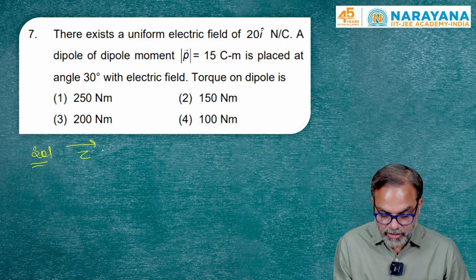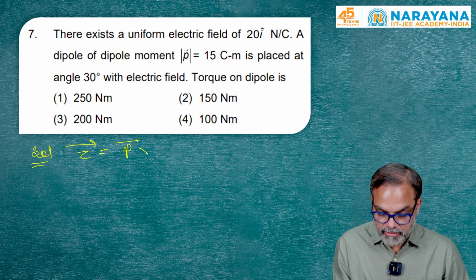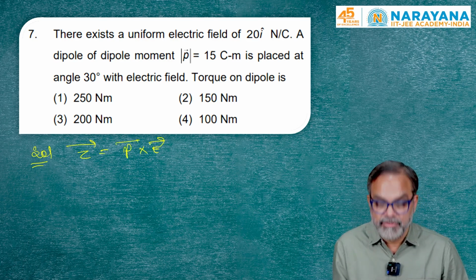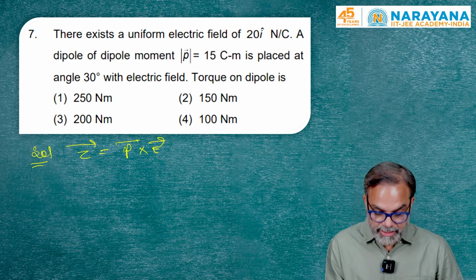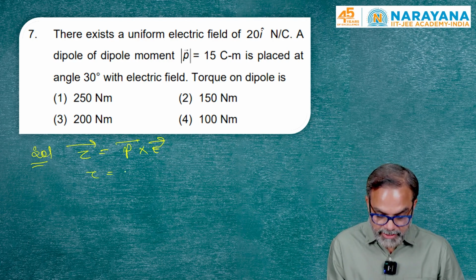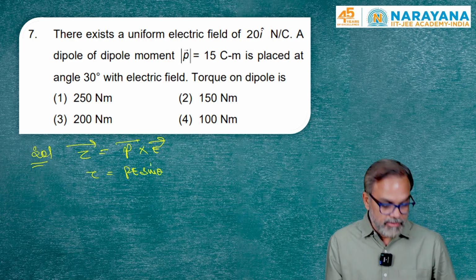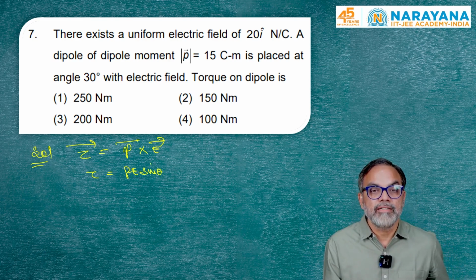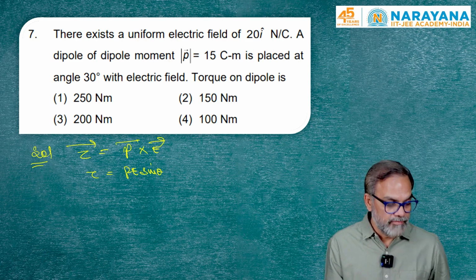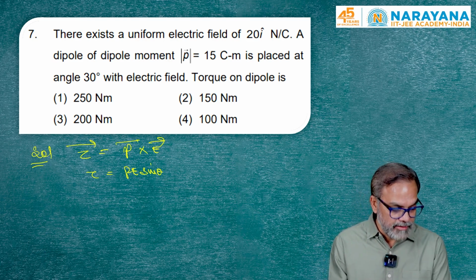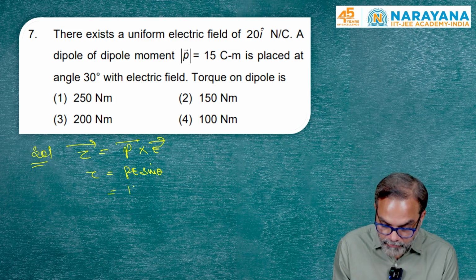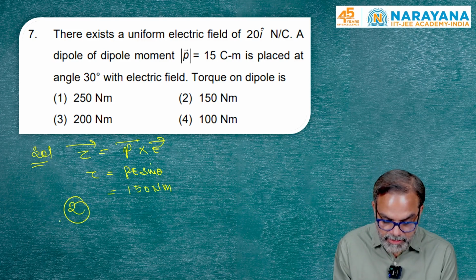We know that the torque exerted by an electric field on a dipole is P cross E, and as far as magnitude is concerned, PE sine theta. So we make substitution of these values and we get 150 Newton meter, and the answer is second.